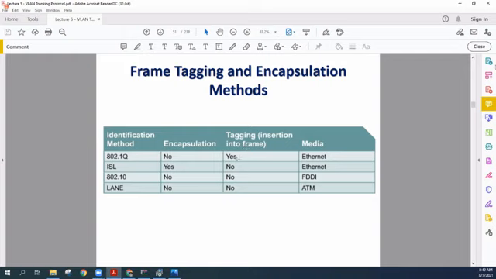Tagging insertion into frames is only with 802.1Q. Media is Ethernet for 802.1Q and ISL. This is for FDDI and ATM.